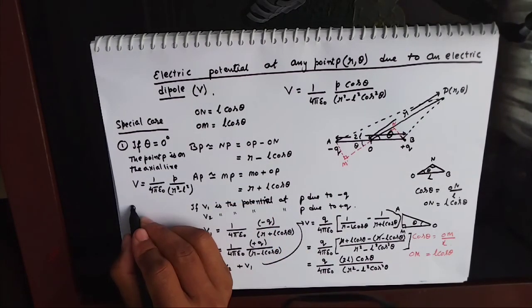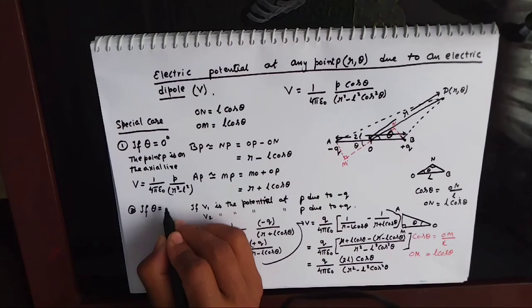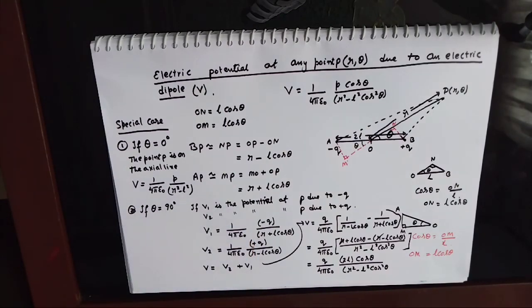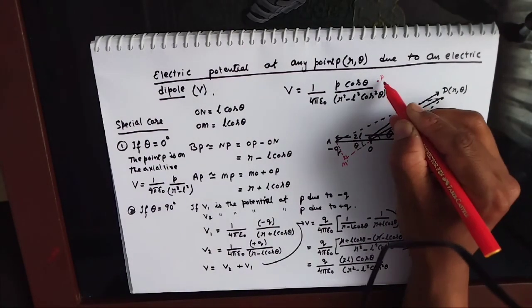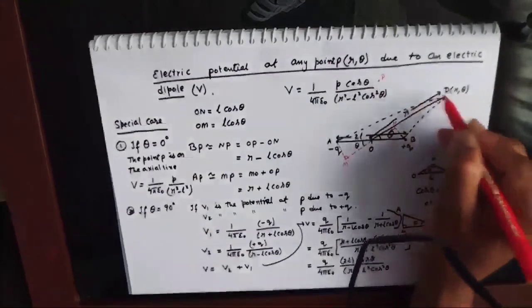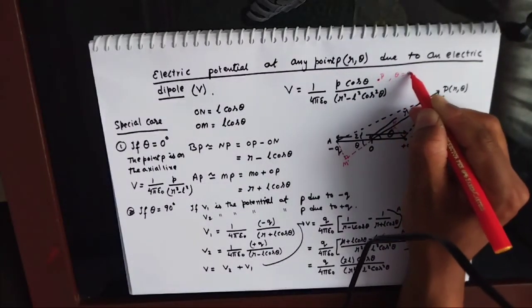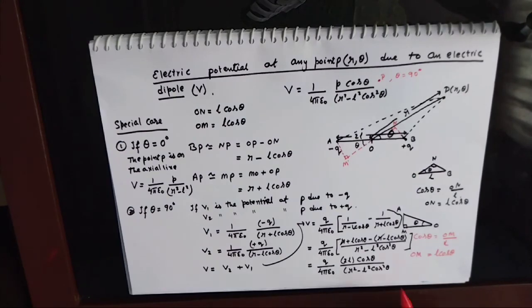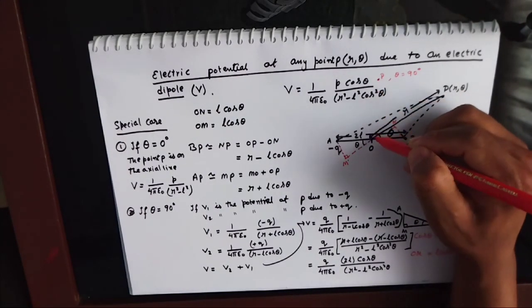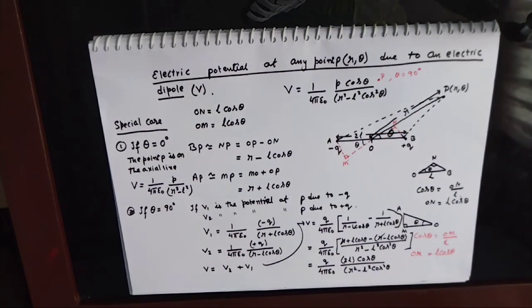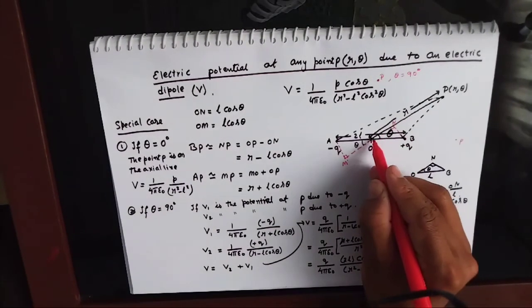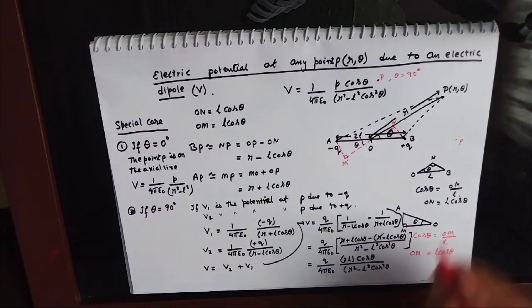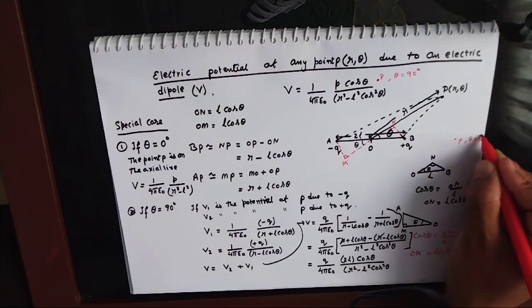Number 2. If theta is equal to 90 degree. This point P is somewhere here. If we drop like this, theta will keep on increasing up to 90. Similarly, in case 1, if this point P is somewhere here, the angle theta will decrease to 0, so this one is theta equal to 0 degree.